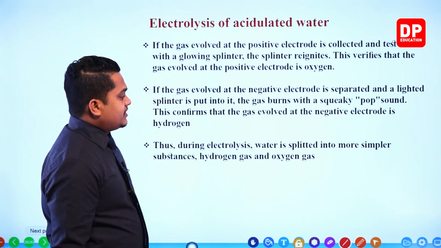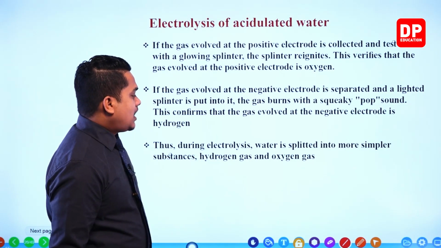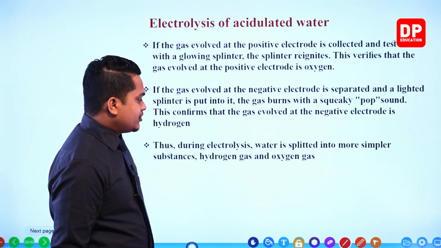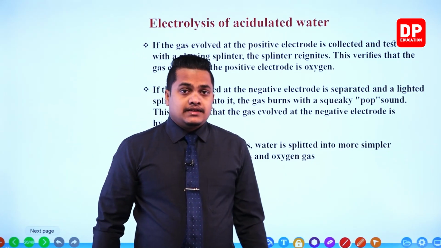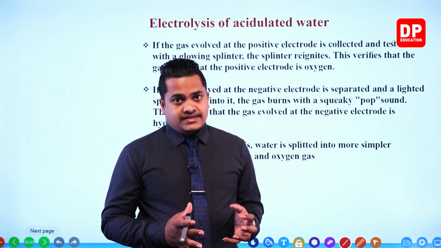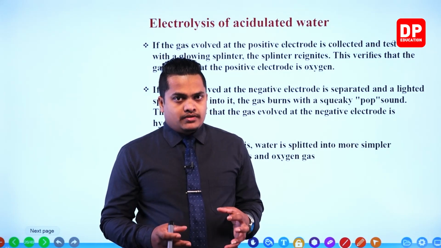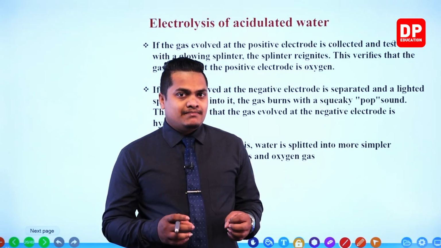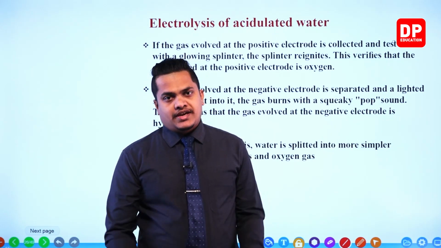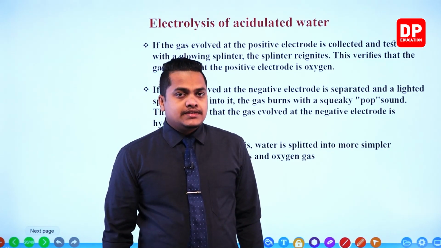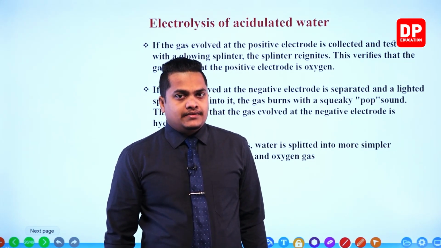Thus, during electrolysis, water is split into simpler substances, hydrogen gas and oxygen gas. So it is very obvious to us that here the water, or the acidulated water, is getting separated into simpler substances like hydrogen gas and oxygen gas. This is our final conclusion from this activity.